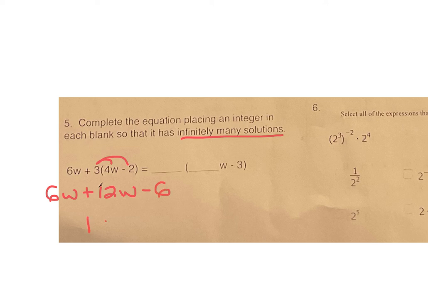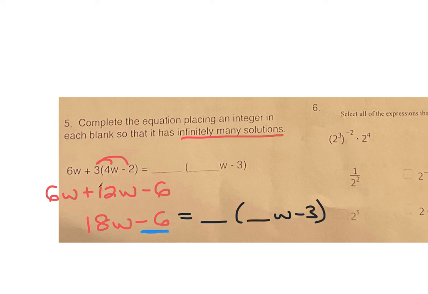Combine like terms, that gives me 18w minus 6. So now what we know is that when we plug in our values on the right-hand side, when we do the distributive property, it also will need to equal 18w minus 6 in order to have infinitely many solutions.